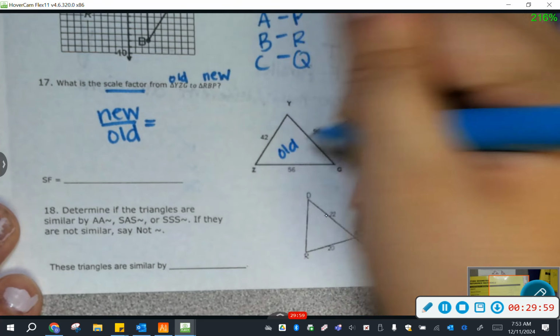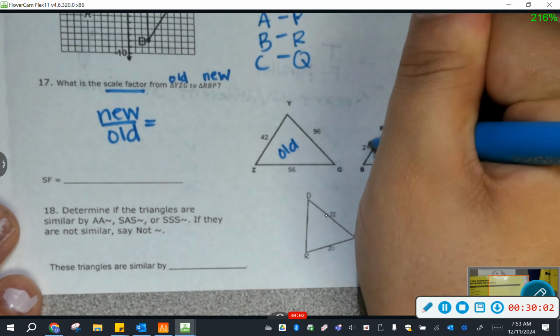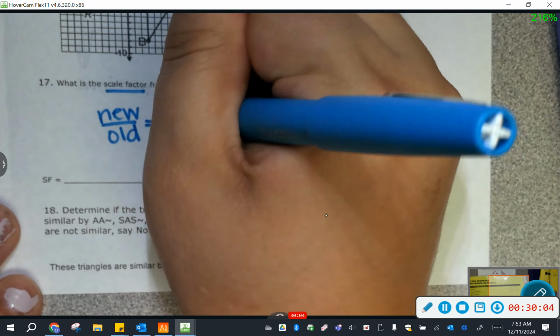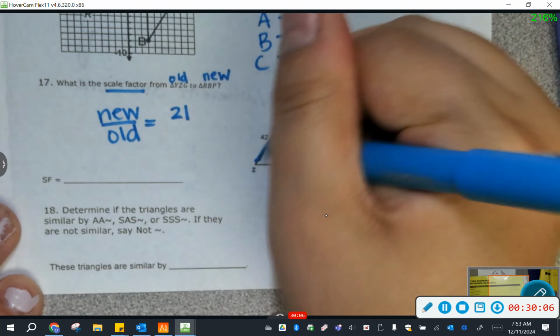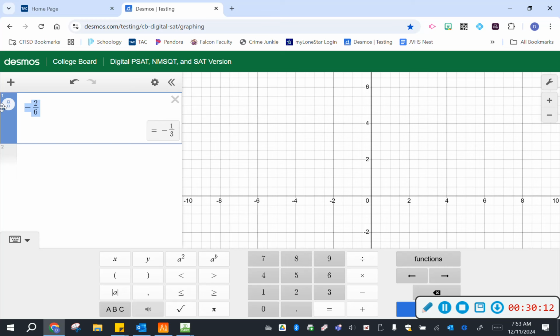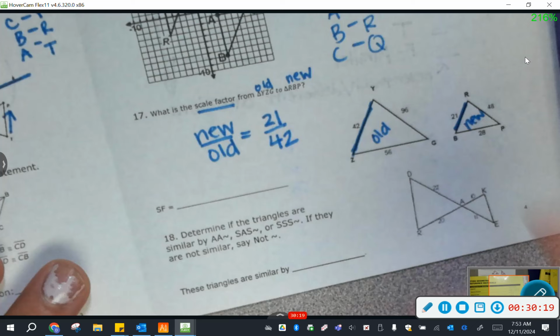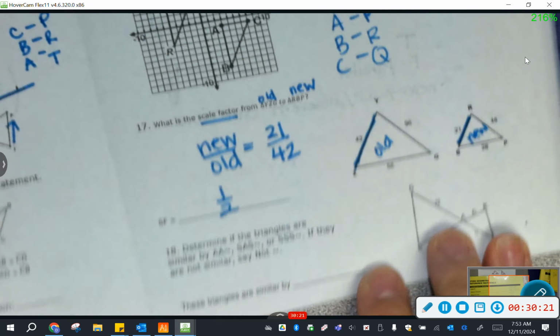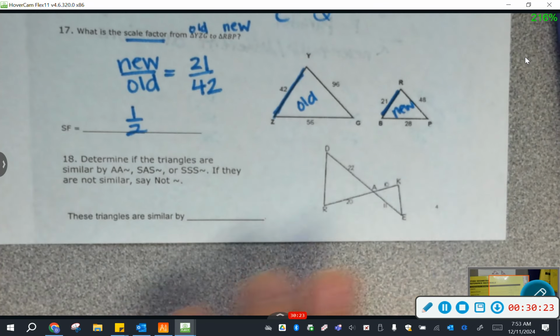This is old. This is new. You want to do 21? One's going to go with what? And just divide those in your calculator. What is 21 divided by 42? New over old for scale.